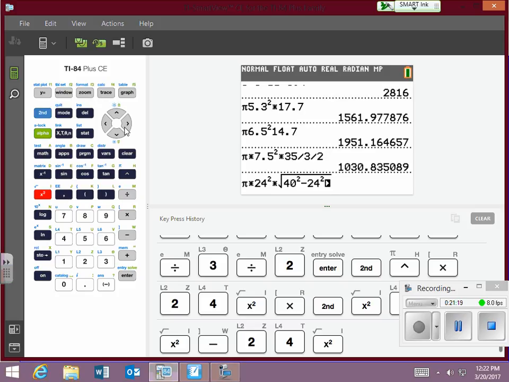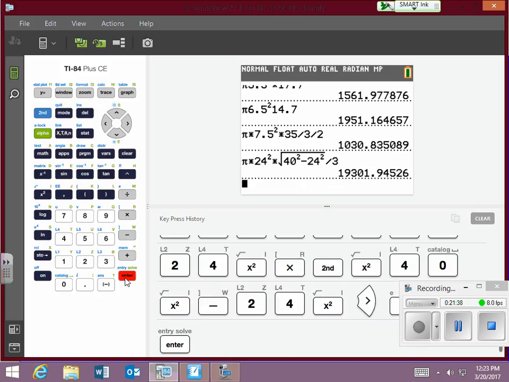And then divided by 3. And because that's all multiplying and dividing, we don't have to worry about bracketing or anything. Should be it. 19,302.